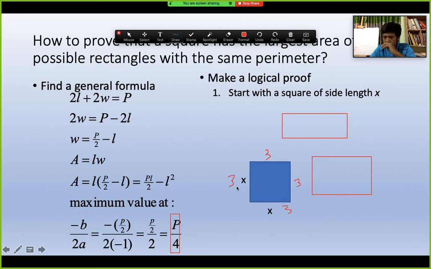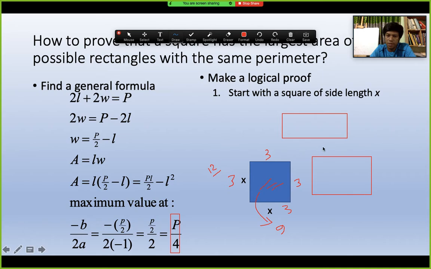So the total is what? 3 plus 3 plus 3 plus 3, total is 12. So all of them make a total of 12. And what is the area in this figure? The area in this figure is 3 into 3, that means 9. And this 9 is the maximum area for this perimeter 12.